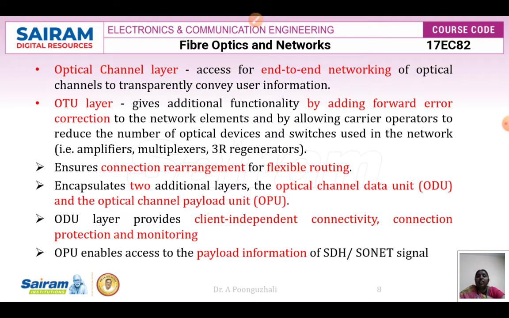Next is your optical channel transport layer. Here it has an additional functionality, adding forward error correction to the network elements, so that if there is any error, it is corrected. It also allows carrier operators to reduce the number of optical devices and switches used in the network, that is amplifiers, multiplexers and 3R regenerators.